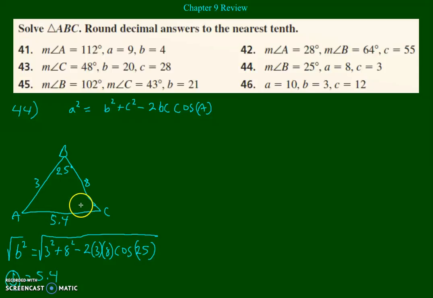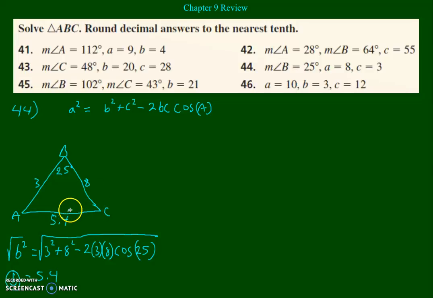Now here's where it gets really tricky. At this level, we don't have a really strong knowledge of all the domains and ranges of all the trigonometric functions. Just suffice it to say that the calculator will generate arc functions. Whenever we're looking for an angle, we're going to be using an arc function.